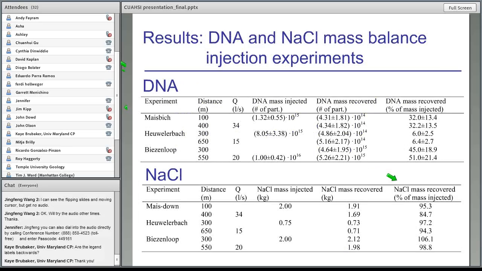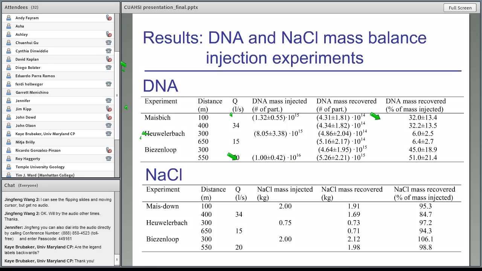And let's see, here we have an overview of the mass balances of DNA and sodium chloride. So here we have our 3 experiments that I have just showed you. These are the discharges, and this is the mass of DNA that we injected, 10 to the power 15 to 10 to the power 16 particles of DNA.